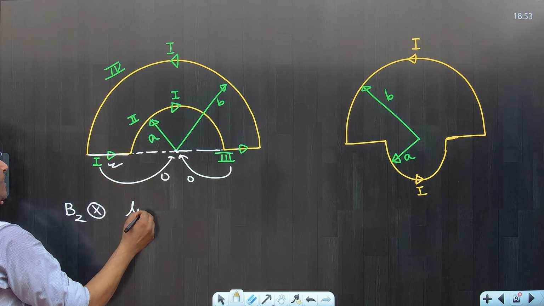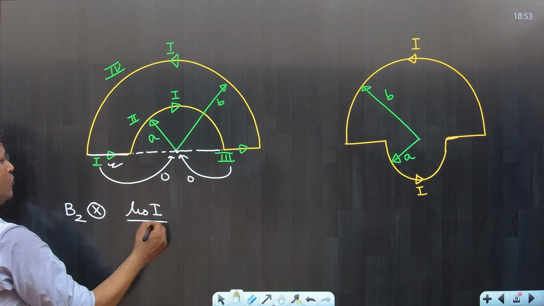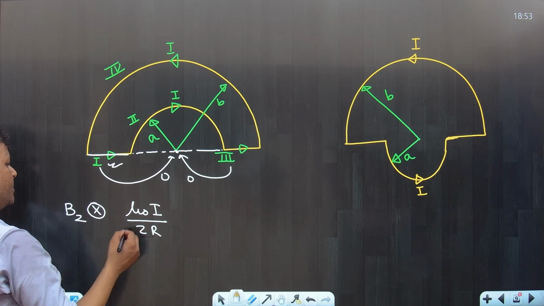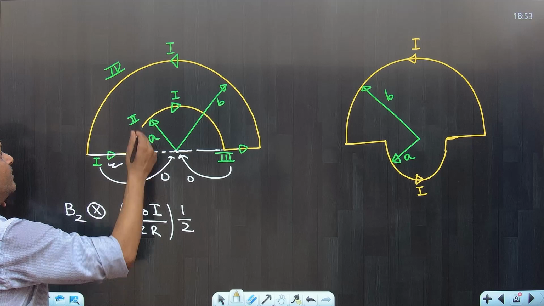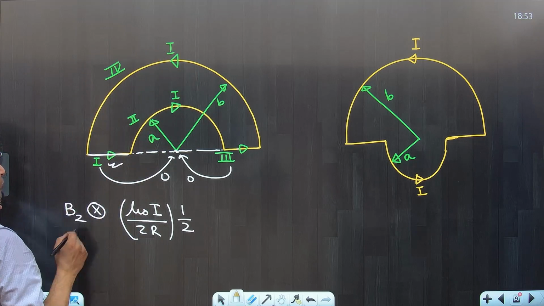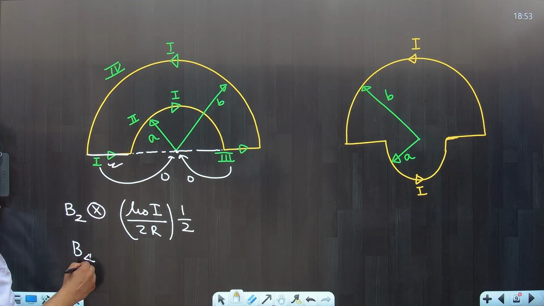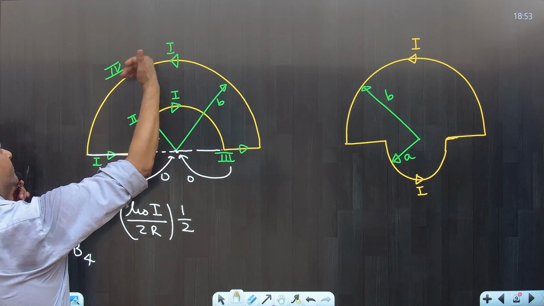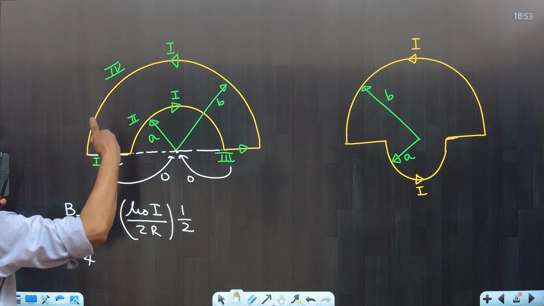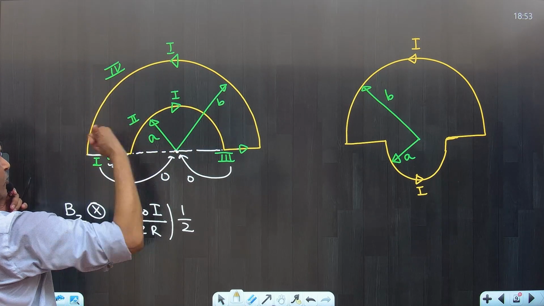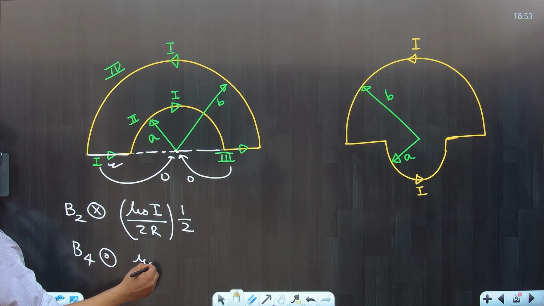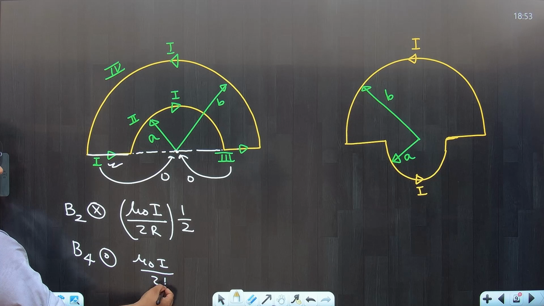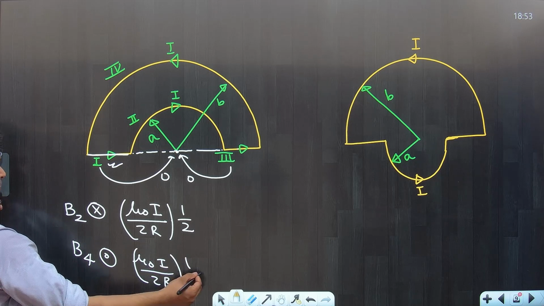So it will be mu naught I by 2r, that was due to complete circle, into half. And this is B4. So B4 is in which direction? You curl your right hand fingers along this fourth one. So your thumb goes outside. So B4 is out of the paper. So you will get mu naught I by 2r into 1/2.